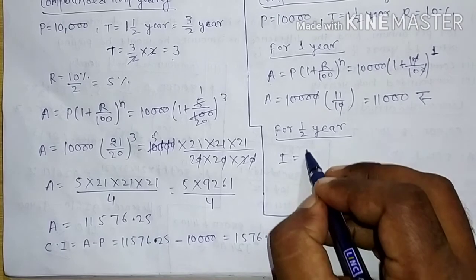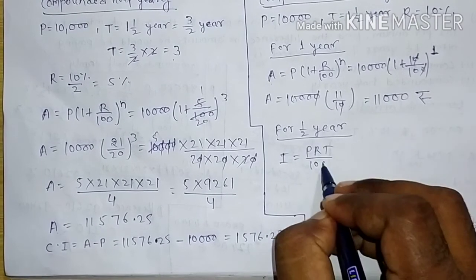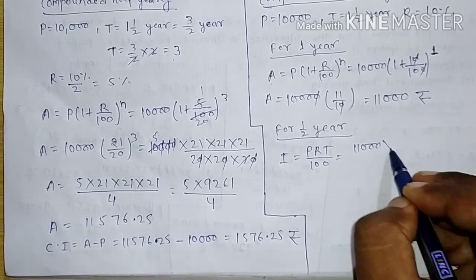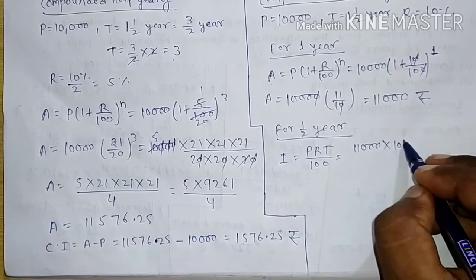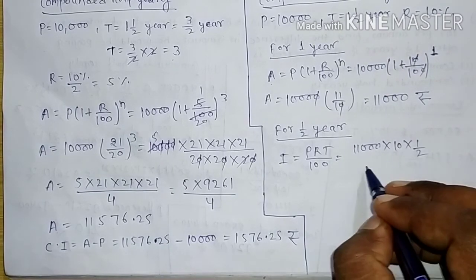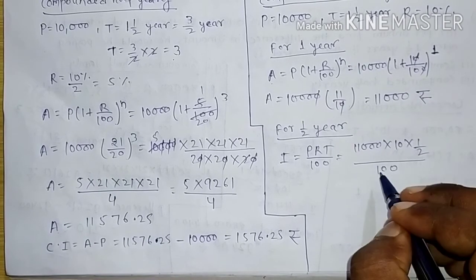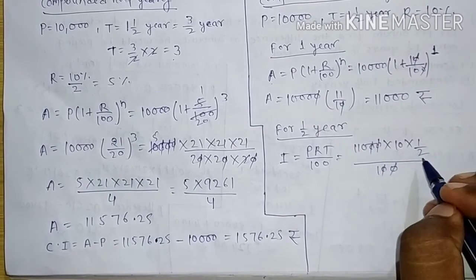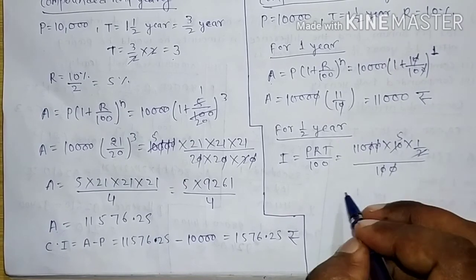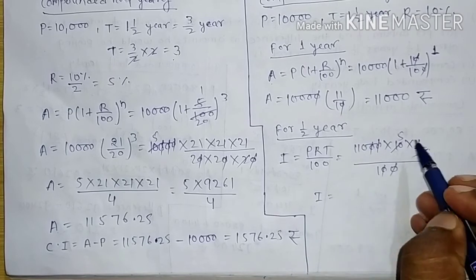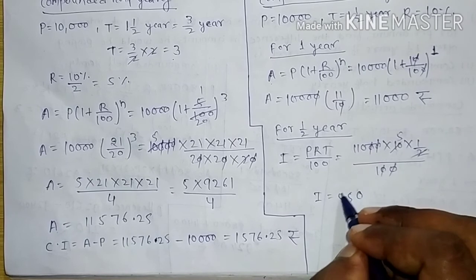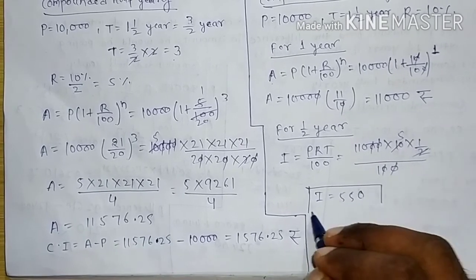So P is 11,000 into R, which is 10%, time is half a year, so this is 1 by 2, upon 100. Now 0 and 0 cancel out. 2 fives are 10. So I equals 5 into 110, so this is 550. Interest is 550 rupees.